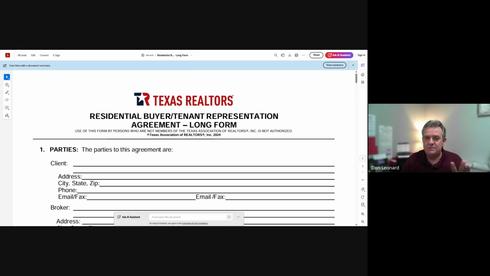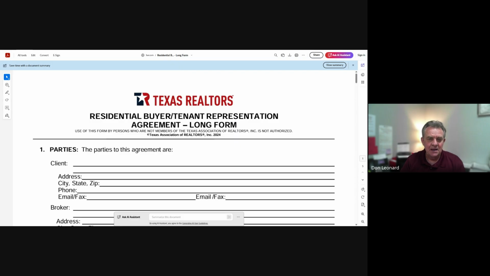A couple of things before we get started that I want to make sure everybody knows and remembers back to the NAR settlement, because the NAR settlement had a huge effect on the use of this document, and maybe our listing agreement too, but probably more this document than any other.